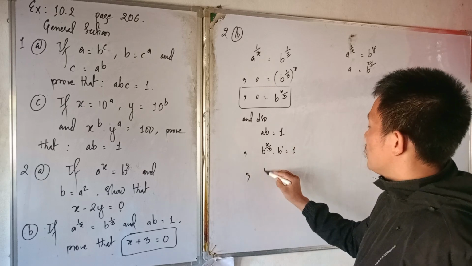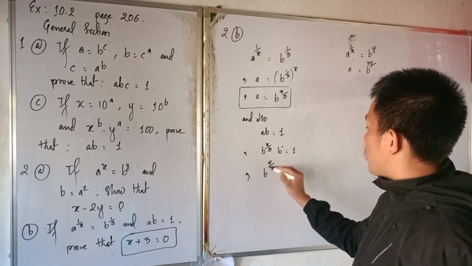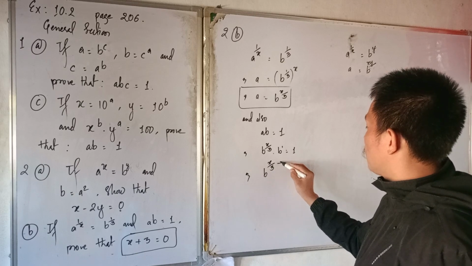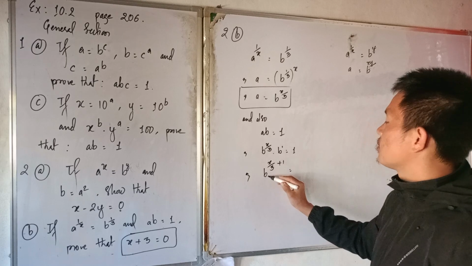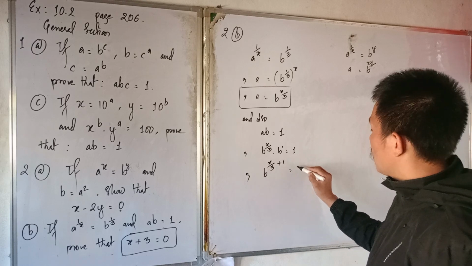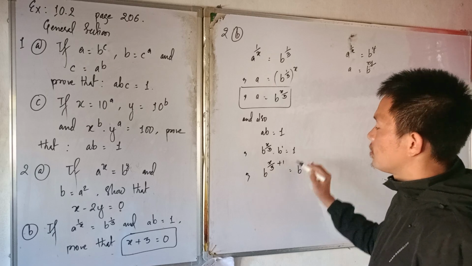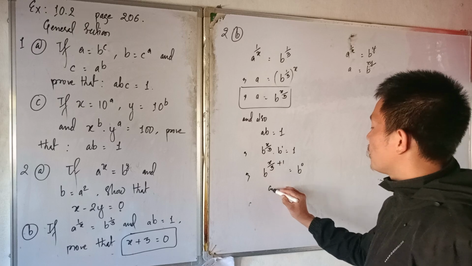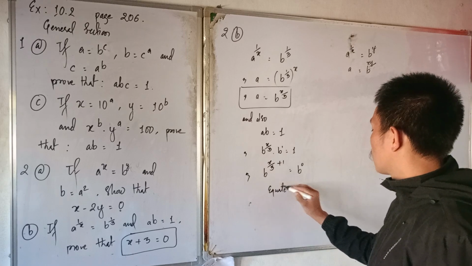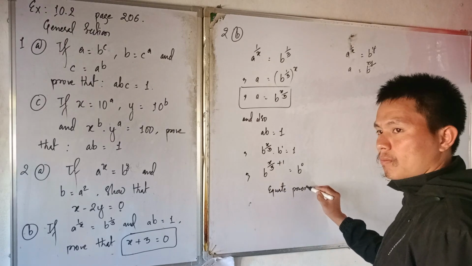So x by 3 plus 1 is equal to, now this 1 can be expressed in terms of b power 0, which turns into 1. Now having the same base, you can equate powers.